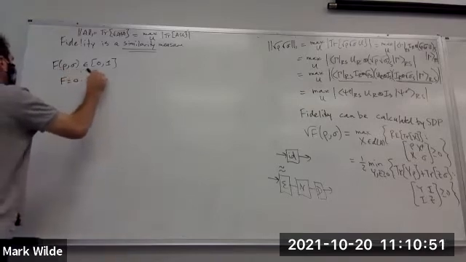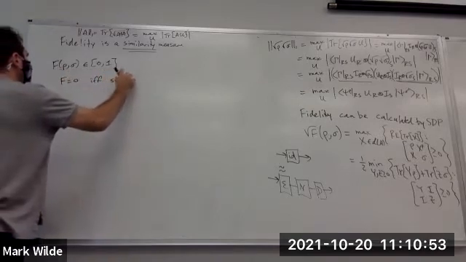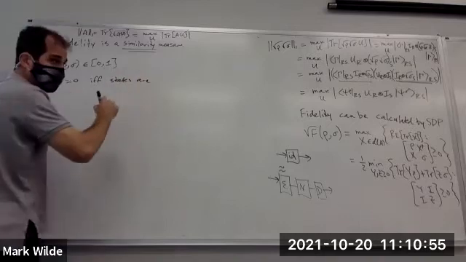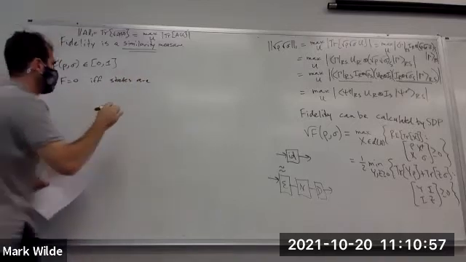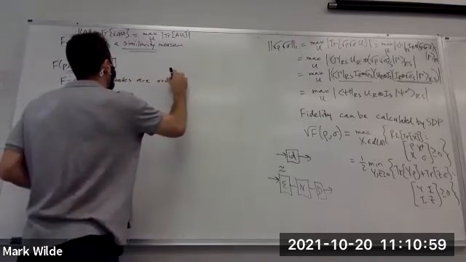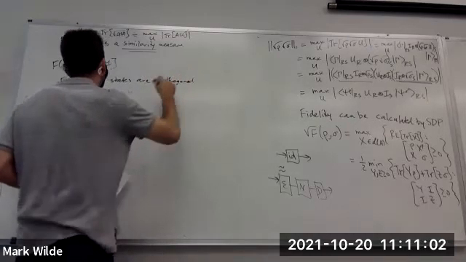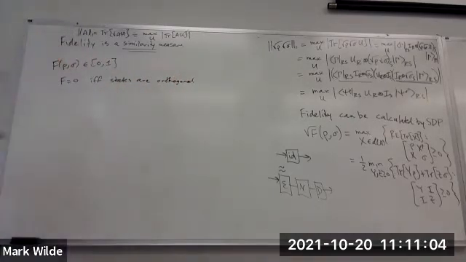Fidelity equals 0 if and only if the states are orthogonal, perfectly distinguishable. You can also interpret it as least similar, since it's a similarity measure.